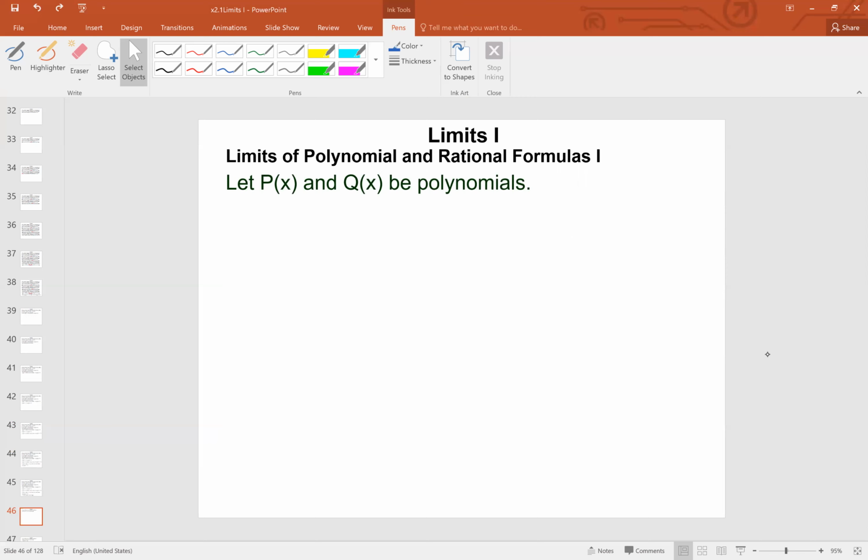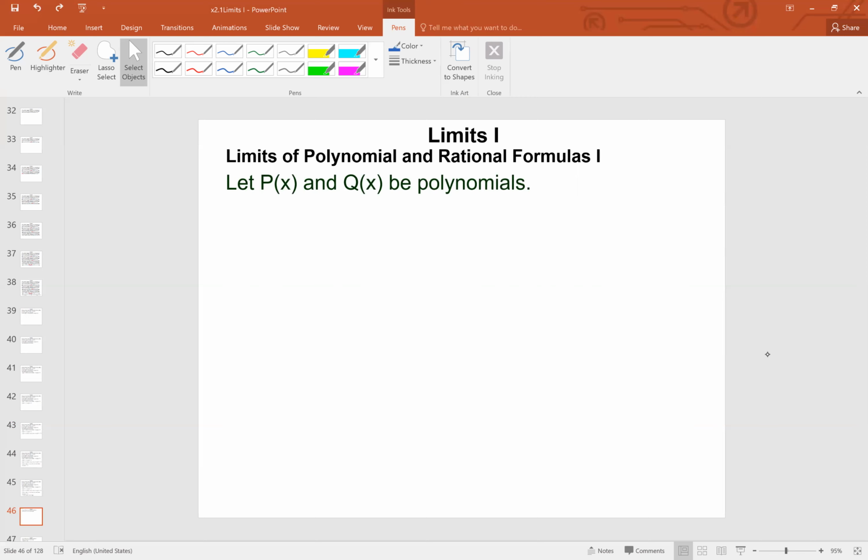What about limits for polynomial and rational formulas? In general, for elementary functions, if the function is defined at a point x equal to a, and in a little neighborhood around it, then for the limit you can always just plug it in.